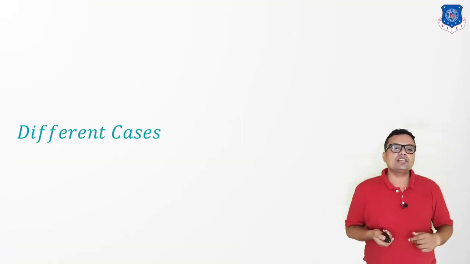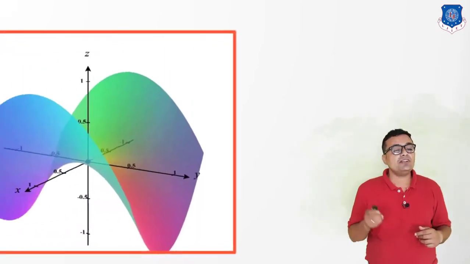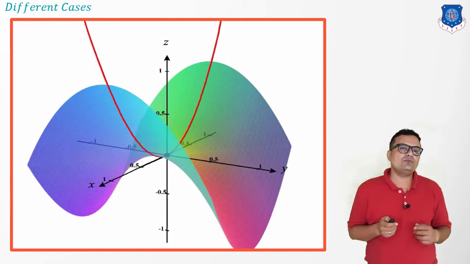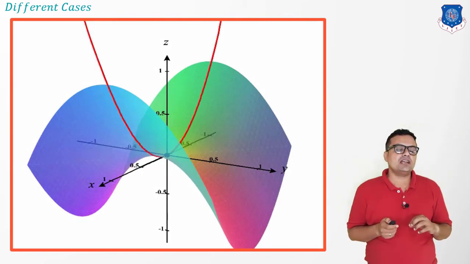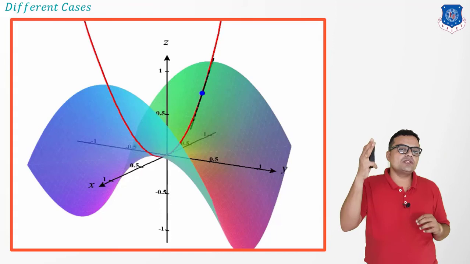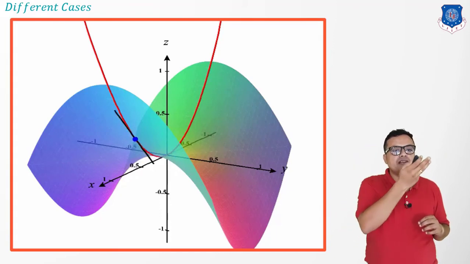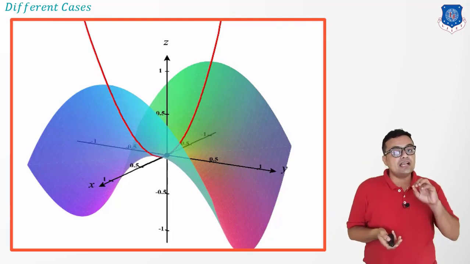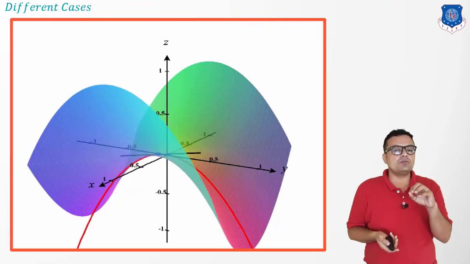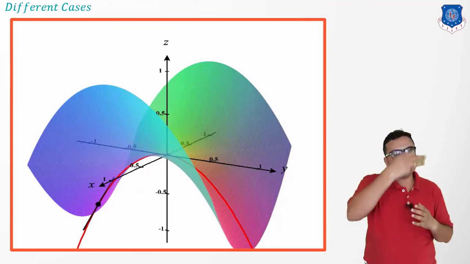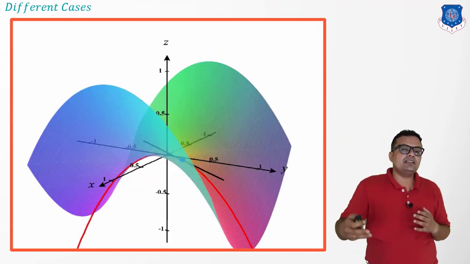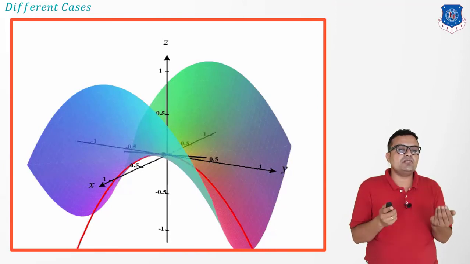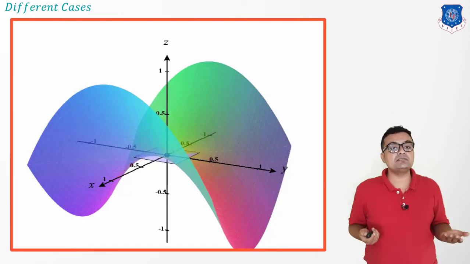Now there are some different cases also. If I consider this case, here you will see that if I fix the point origin and if I consider the derivative with respect to x, or if I take a tangent which is moving parallel to the x-axis, then at the origin it has zero slope, but you will see clearly that here the graph is attaining its minimum, whereas if I take parallel to the y-axis, for the same interpretation the graph is attaining its maximum.